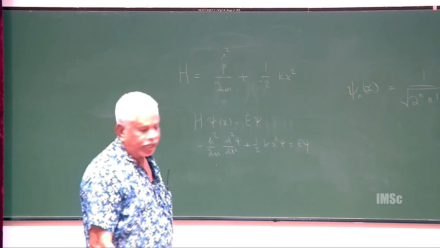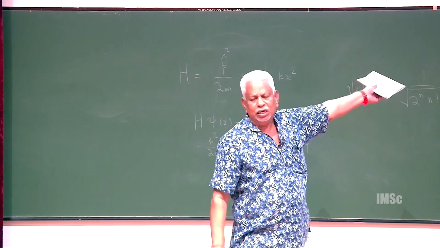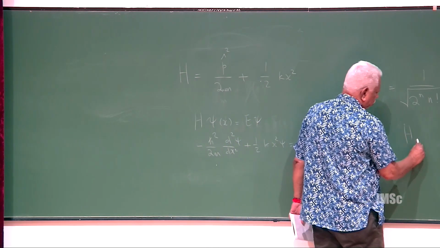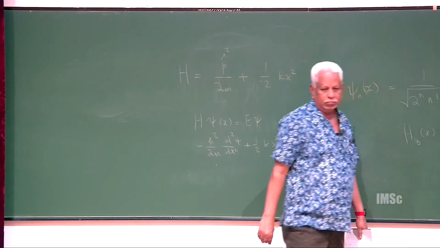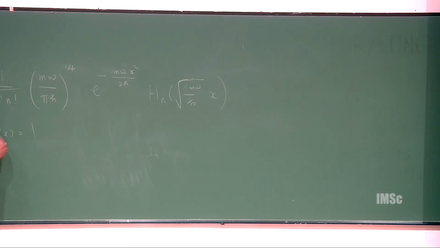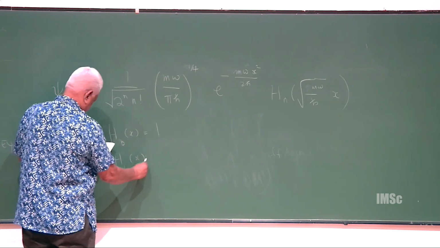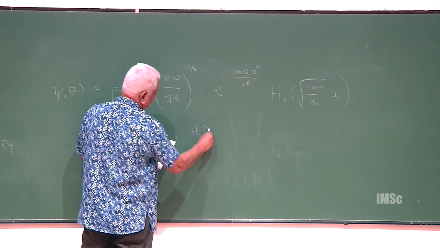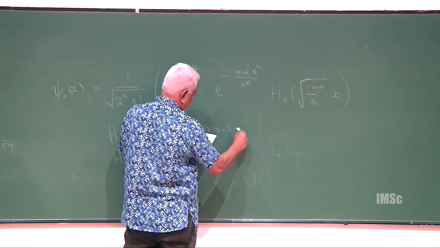Now this object H_n is written in gory detailed solutions. It looks a little complicated. H0 of x is 1. H1 of x is 2x. And H2 of x is minus 2 plus 4x².